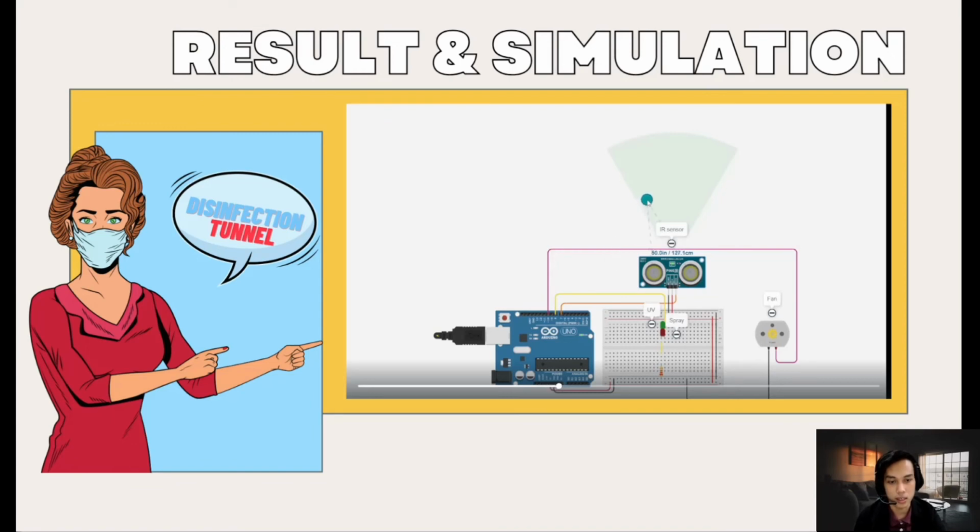When the sensor detects the person, all of these will go on. When the person goes out from the tunnel, all of these will go off.